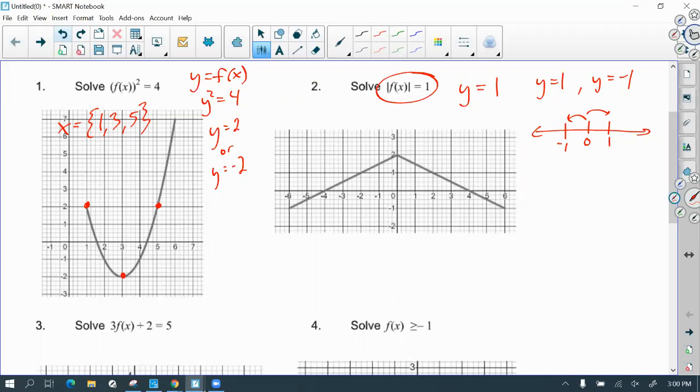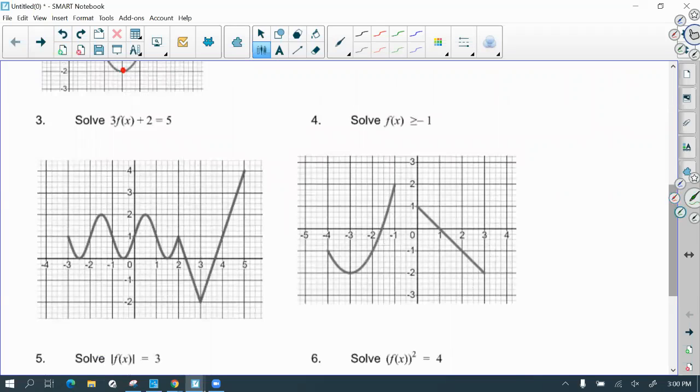So when you're looking at this, you need to think, what are the x values that produce y values that are either 1 or -1? -2 and 2 produce y values that are 1. -6 and 6 produce y values that are -1. But all those y values are 1 away from 0.